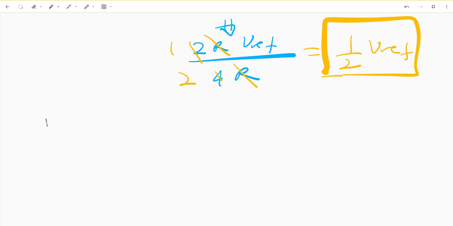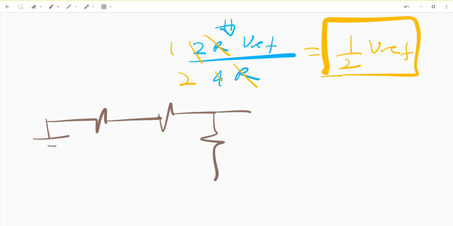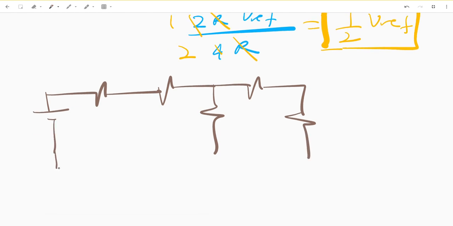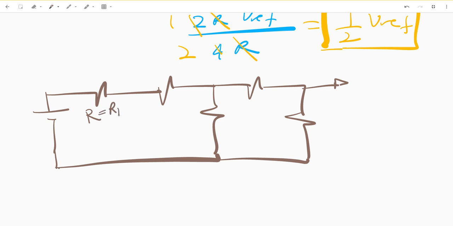Now we can redraw that previous circuit as something that looks like this. Where this is R, which is equal to RTH1. This is R, this is 2R, this is R, and this is 2R.